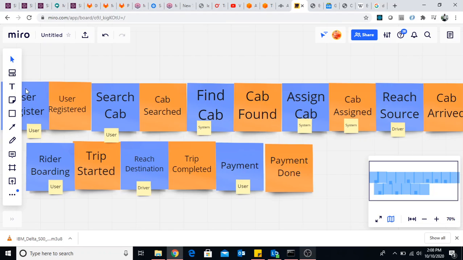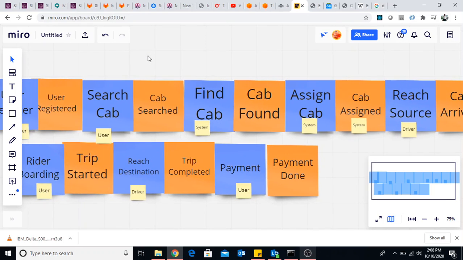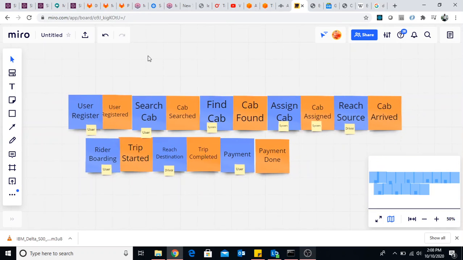Okay. So now I am putting aggregate. Here some shifting you should do. Yeah, now it seems fine.